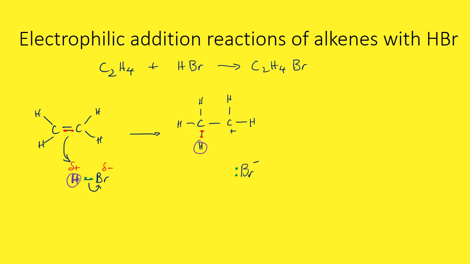Okay, so now we can go back to the reaction mechanism, and we can see that we've got a positive carbocation and a negative bromide ion. They're going to attract each other, so the lone pair on the bromide ion is going to attack that carbocation. We draw a curly arrow like so, in which case we get our completed bromoethane molecule, which we draw like this.